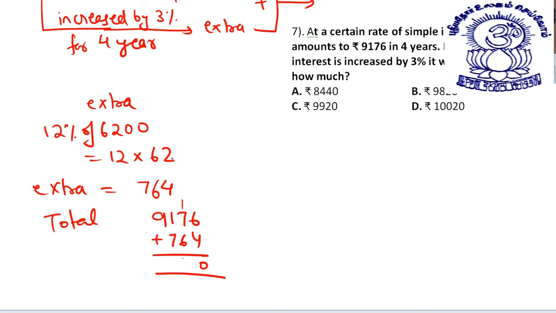Let me check if I haven't done anything wrong. 60 into 12 will give me 720, and 2 into 12 is 24. 720 and 24, 744. Again, 1 carry. 92 plus 7 is 99. So it becomes 9920 rupees.